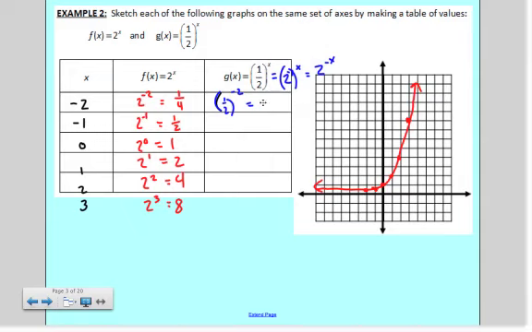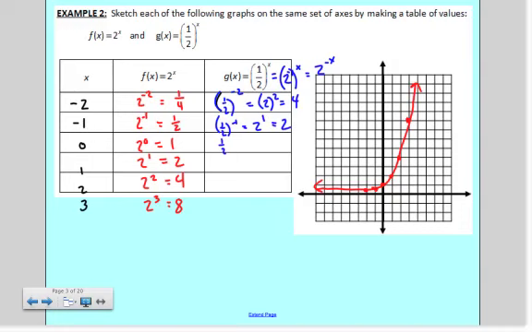So 1/2 to the -2 can be thought of as 2 to the 2, which is 4. Using that reasoning all the way down, 1/2 to the -1 would be 2 to the first, which is 2.